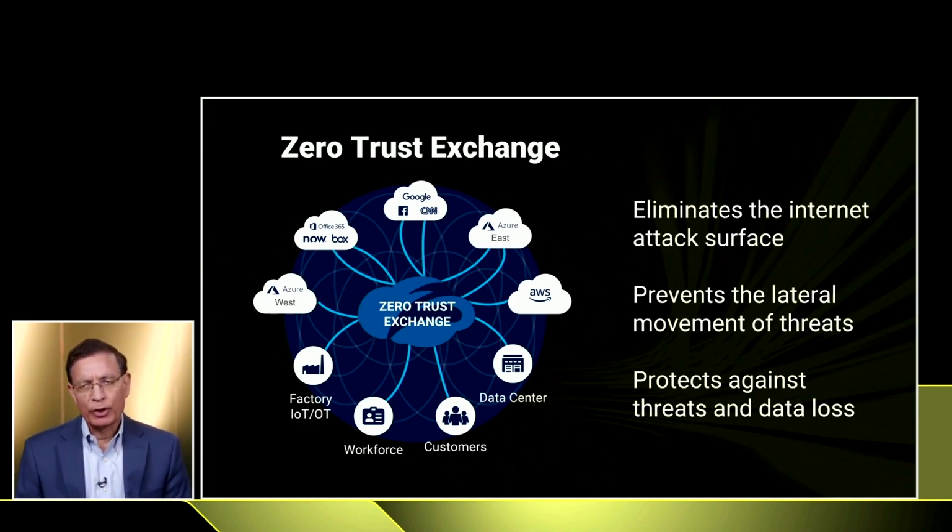Zscaler built the Zero Trust Exchange, which is like an intelligent switchboard. We connect the right user to the right application or service after we validate who they are and after we check the right policy so they have access to the right application. This is fundamental for security in today's world, and it's important for users to deliver a fast experience.